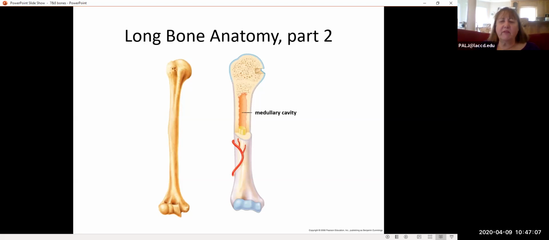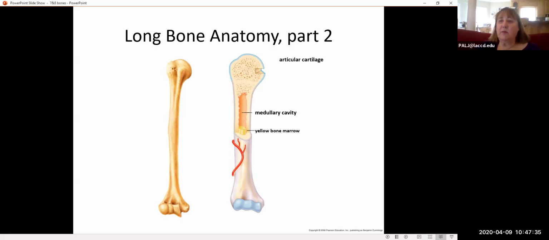If you remember previously, we said in organs, oftentimes the outer portion is called the cortex and the deeper portion is called the medulla. So this is a cavity in the deeper portion, and we call that the medullary cavity. However, this space is not hollow. It is filled with something known as yellow bone marrow. And we'll look at what yellow bone marrow is shortly.